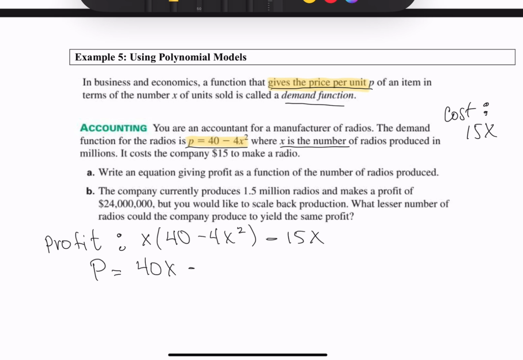So I get 40x minus 4x cubed minus 15x. And I'm going to write it in standard form. So my profit function will actually be negative 4x cubed plus 25x. And let's remember that this is in millions. All right, so that was A. I'll put A here.